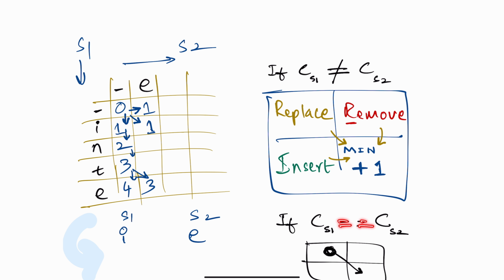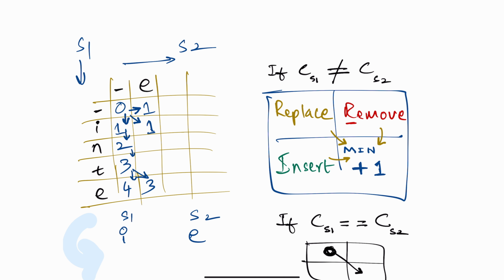If both are matching, take the value as it is, which is on the diagonal window, which is like this. So with this one, we are clear. If like this arrow, that means we are removing a character. If this is the arrow, that means we are doing an insert operation. If this is the arrow, that means we are replacing the character, this with this.